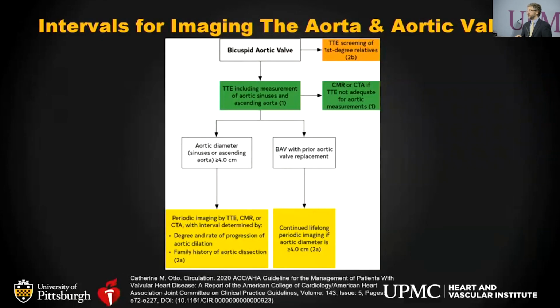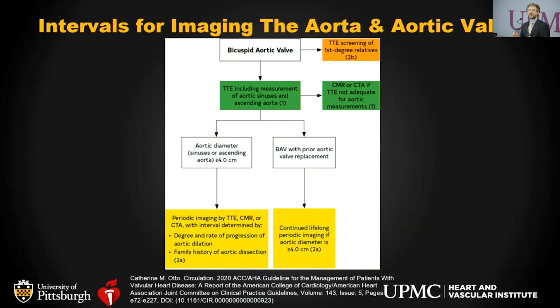So briefly, we commonly will look for aortic valves on imaging, and as described, if a patient has a first-degree relative with a bicuspid aortic valve, guidelines recommend screening because this can be inherited. But inheritance is obviously not a one-to-one correlation, but the aortic valve will really show it on imaging.